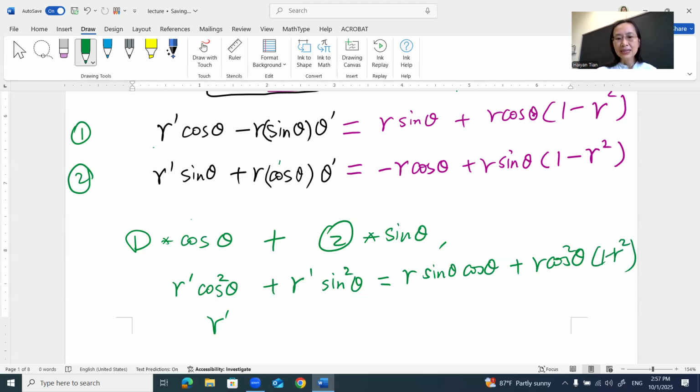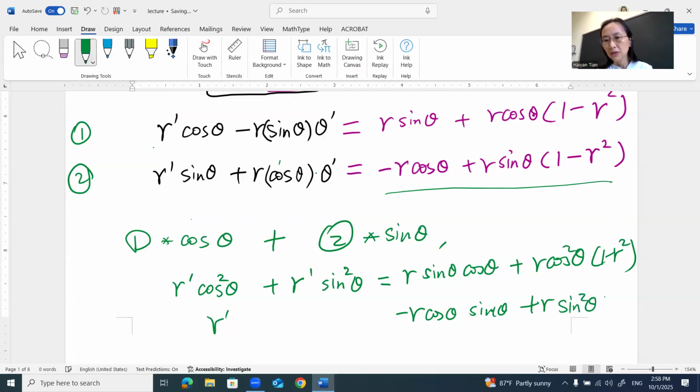So the second equation, remember, times the sine theta every term. So negative r cosine sine theta. And then plus r times the sine theta times another sine theta, which is the sine square theta, 1 minus r squared.